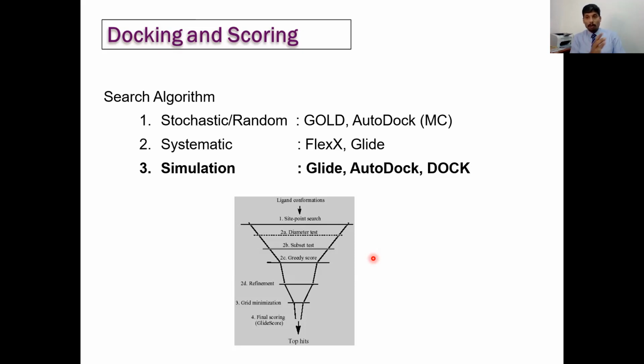That's why it takes more time for the grid than the docking. So that is what simulating is. Everything is simulated inside the grid. So after that, once you enter your ligand inside, it will direct which is the best score, which orientation is the best. So that is the simulation.